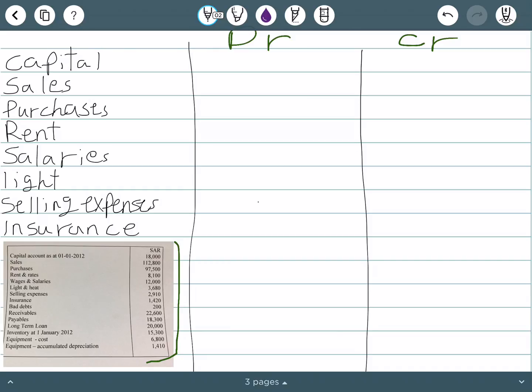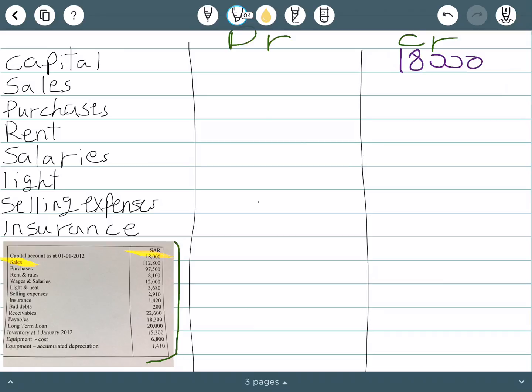I'm going to write here capital is a credit, and as you can see here it's 18,000. So I'm going to write on the credit side 18,000. Okay, now moving on to sales.